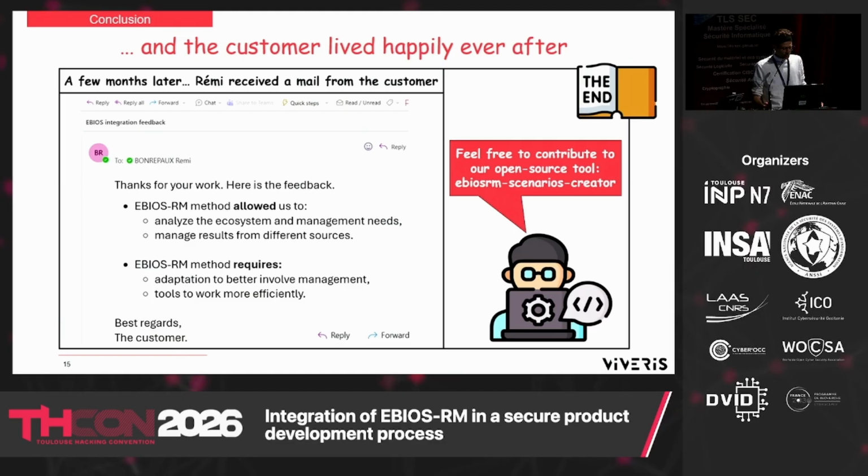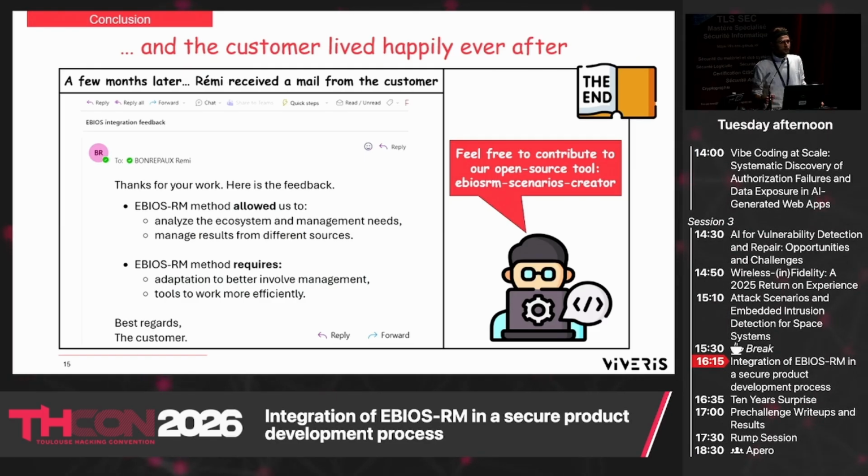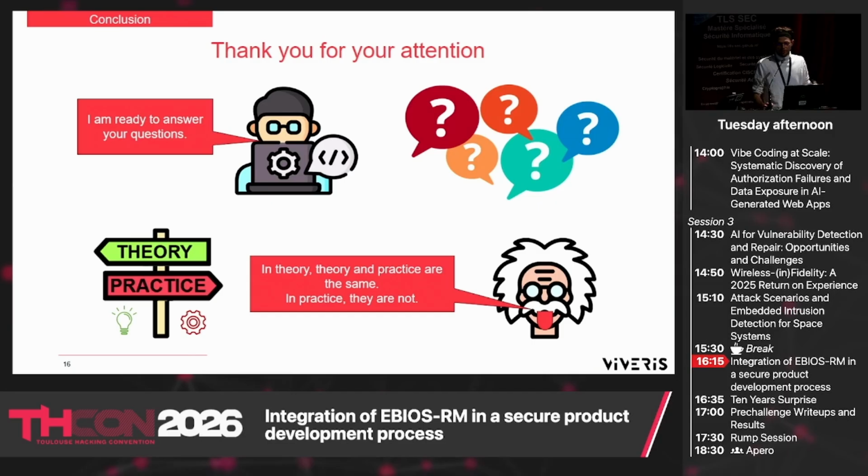But there are also requirements, because adaptation with regular summaries to management makes their involvement more realistic. And tools like the one we developed make the workshops easier and faster to run. And by the way, it's work in progress, so feel free to contribute to our tool. Thank you for your attention. Thank you.